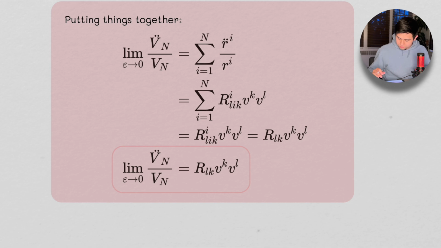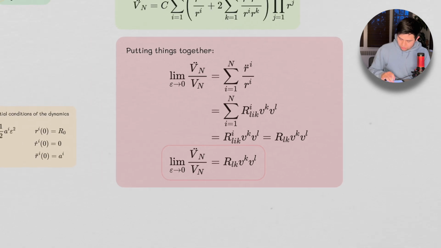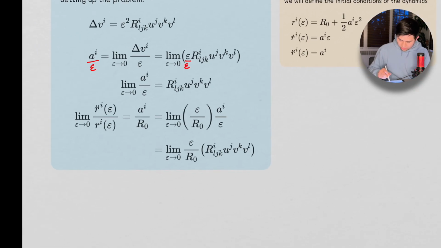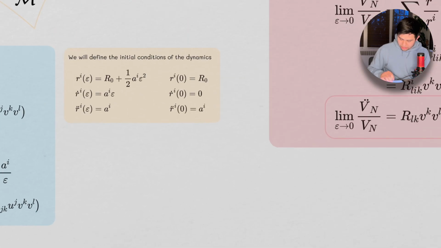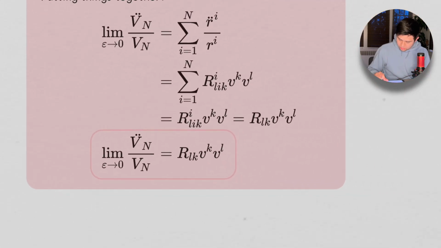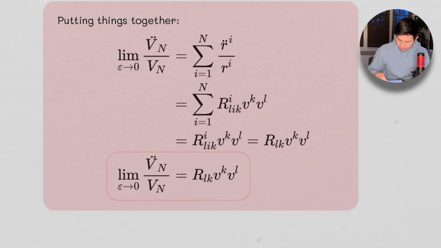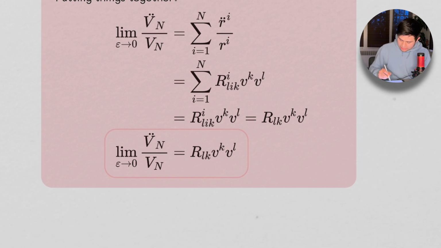And so we can contract, we haven't contracted here, but we can contract here, I over I, because we have I over I, and this ends up being the Ricci tensor, okay?